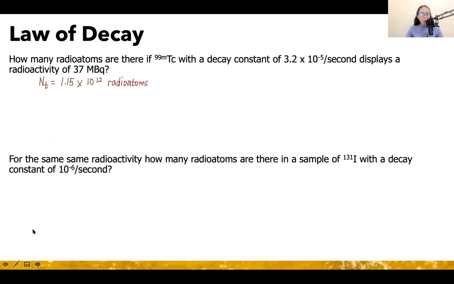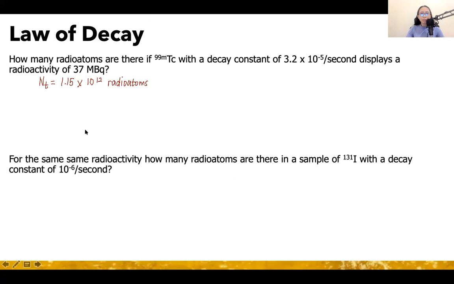Now, what about this problem? For the same radioactivity, how many radioatoms are there in a sample of iodine-131 with a decay constant of 10 raised to negative 6 per second? Notice they have the same radioactivity, or R sub t, right?